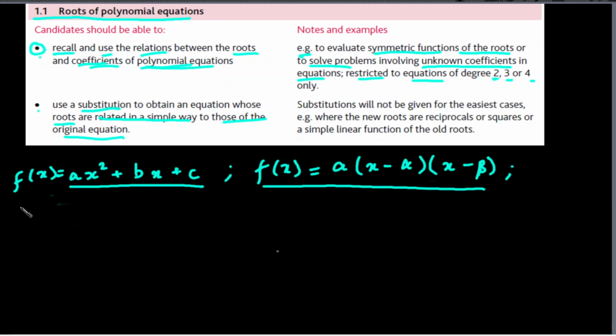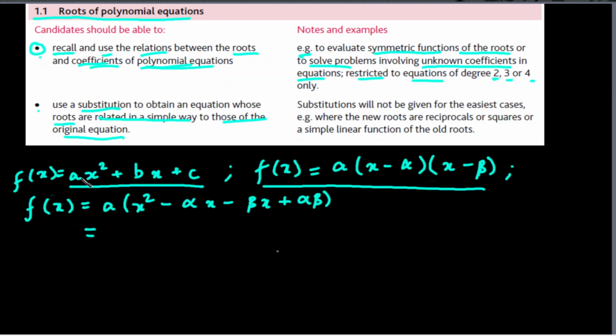The thing is, when we simply expand it, we just get f of x equals a times, and then expand this. So this times this, so x squared minus alpha x minus beta x, and then the last one is just plus alpha beta, right? And everything is multiplied outside with a, right?